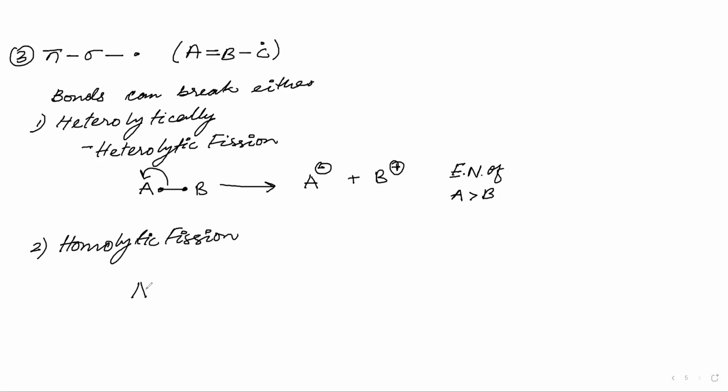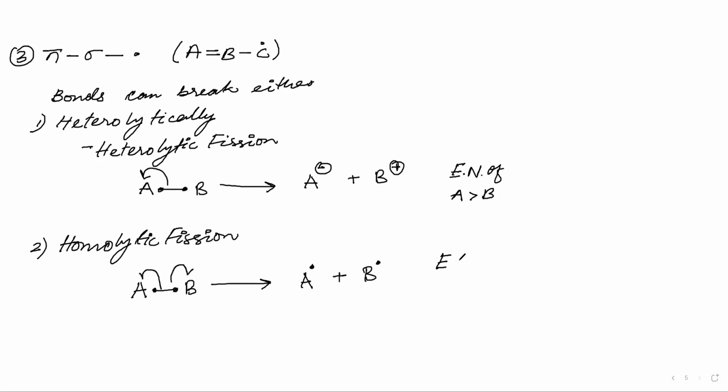in this we have A with B. And when the bond breaks, one electron gets transferred to A and another electron gets transferred to B. So we have A, we call this free radical, and B, this is also called a free radical.